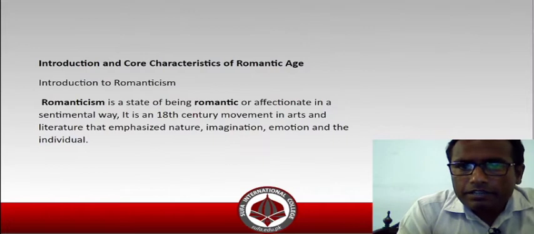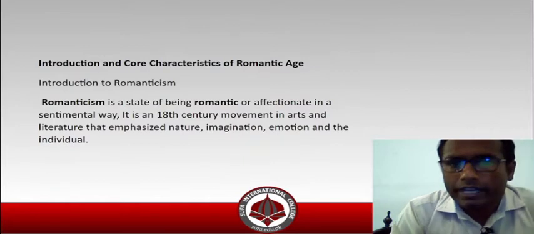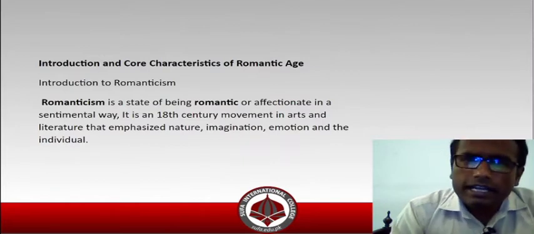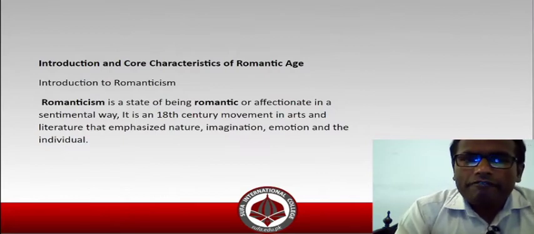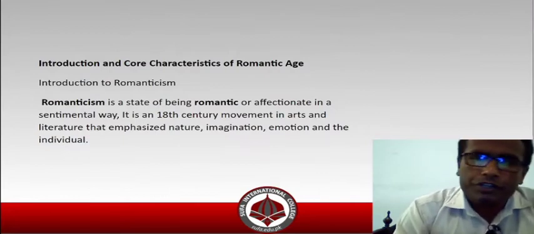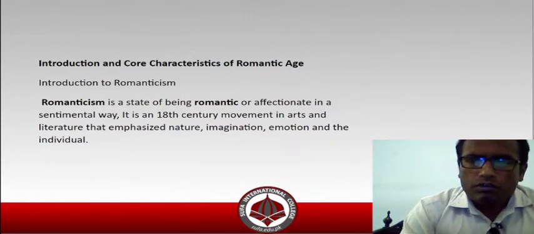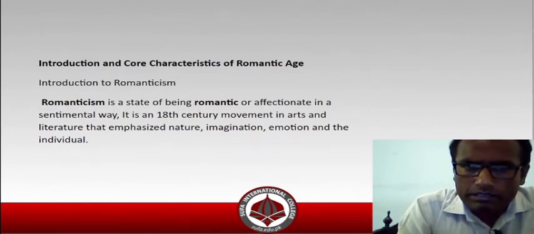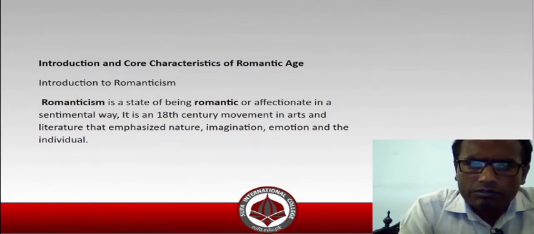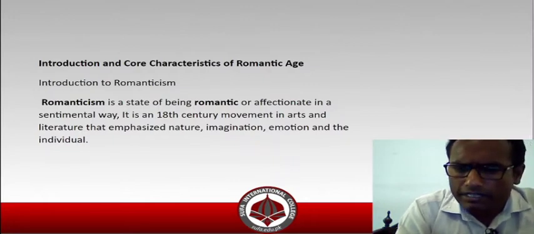Romanticism is a state of being romantic or affectionate in a sentimental way. It's an 18th century movement in arts and literature that emphasized nature, imagination, emotion, and the individual. So that is a very short introduction to Romanticism. Before going ahead, I would like to share a little background of this Romanticism.